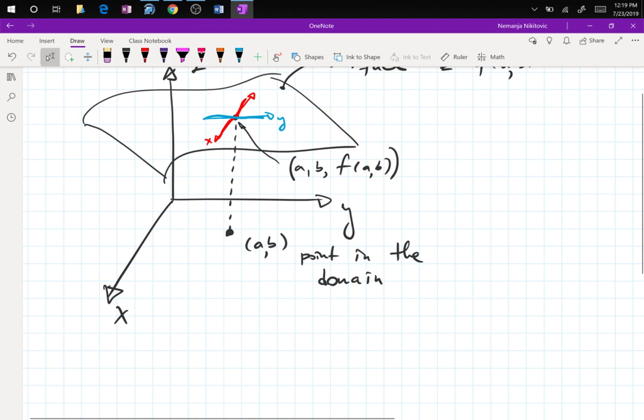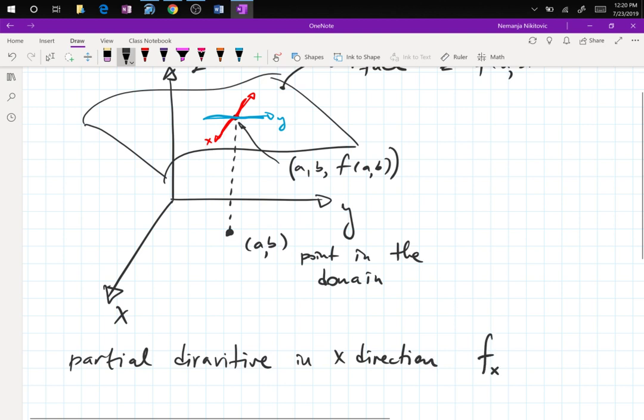So we are going to have two partial derivatives. There is going to be the partial derivative in the x direction, denoted as fx or denoted as partial f, partial x. It is this kind of curved d. You have a lowercase d, and then you have the lowercase curved d.